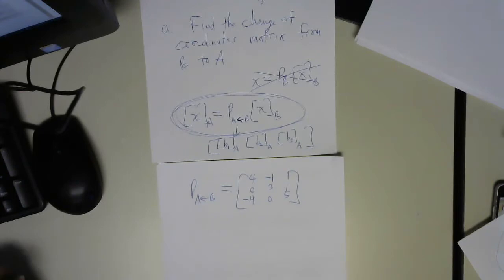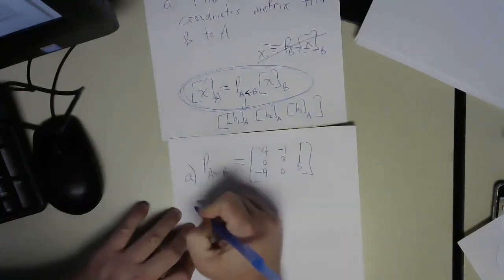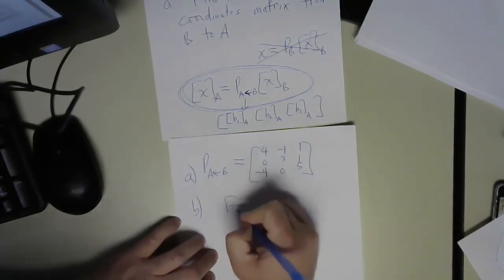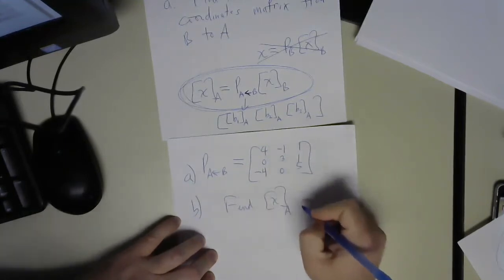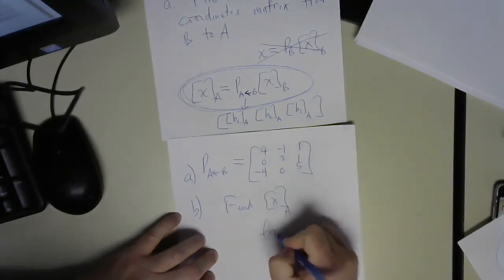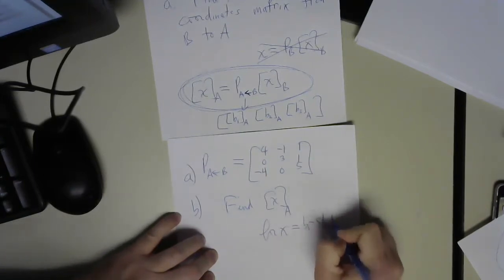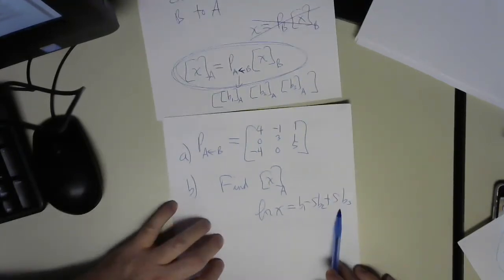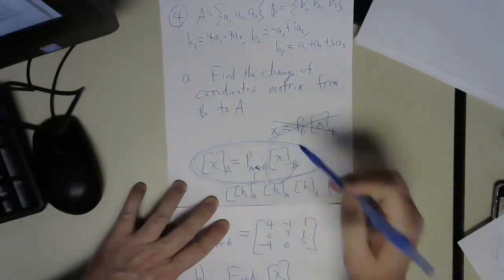Now, let's do part B. Part B of that problem says find the coordinate vector of x with respect to basis A when x is written like this. Okay, so notice that x is given to you in terms of basis B. So they've essentially given us this right here.